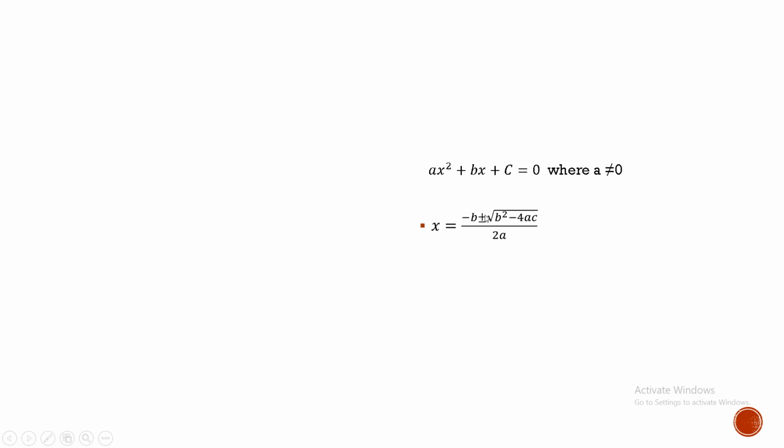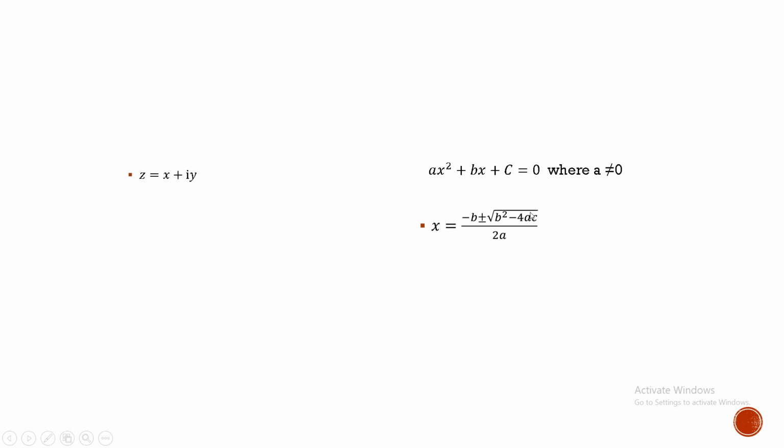So here minus b by 2a will give you a real value, but this root of b square minus 4ac by 2a will be giving you an imaginary value. So the complex number can be written in this form. That is, minus b by 2a is our x part.